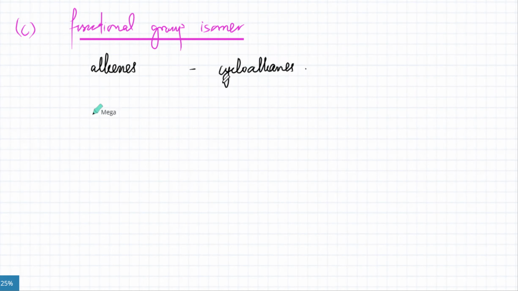As an example, if I have 3 carbon atoms, this is a propene molecule, and this time I'm going to draw the hydrogens. Let's say these are all hydrogen atoms. And there's a cycloalkane, where the 3 carbon atoms are arranged in a cyclic manner, with hydrogens on each.